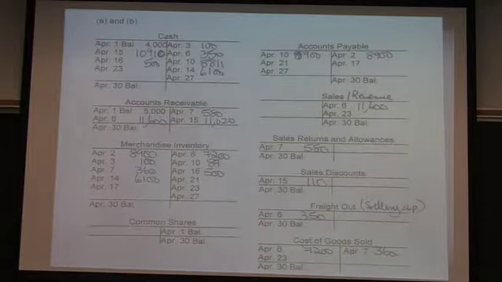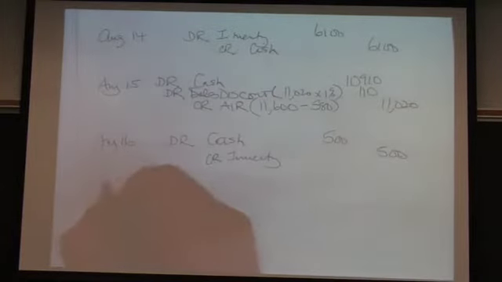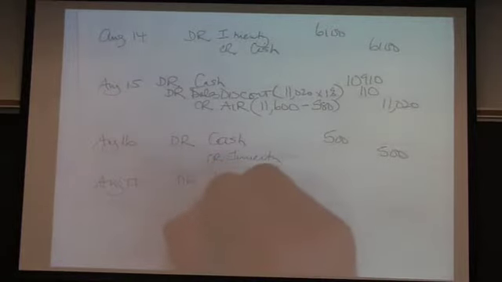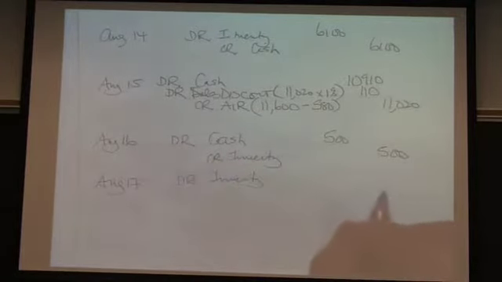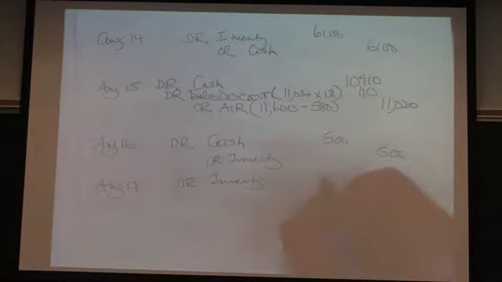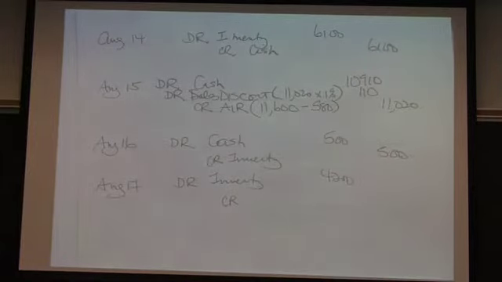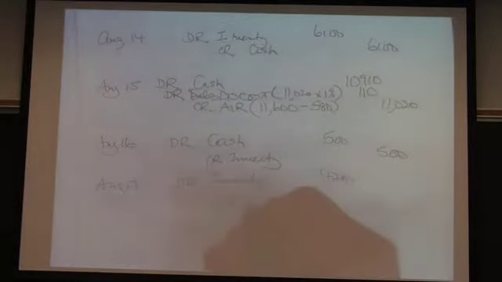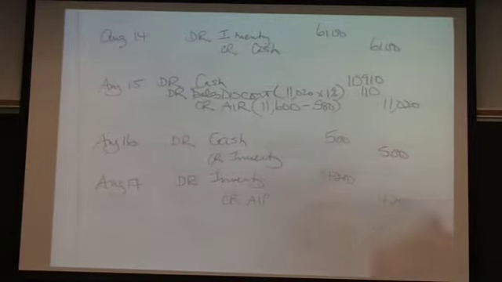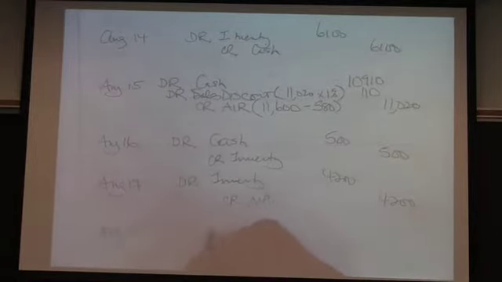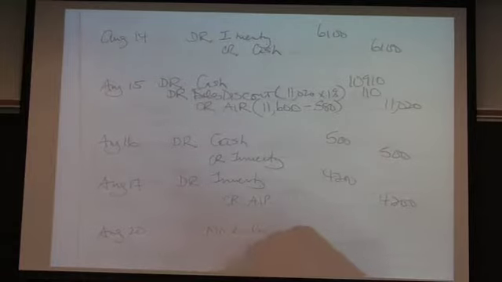So the entry for that one on the 17th is debit inventory $4,200, credit, in this case it's purchased from PMG and presumably it's on account, so credit accounts payable $4,200. And on the 20th, there'd be no entry, because it is not Newman's responsibility to pay for that shipping charge.